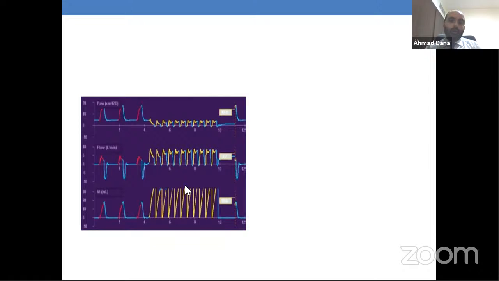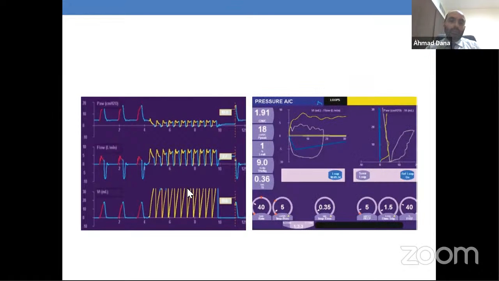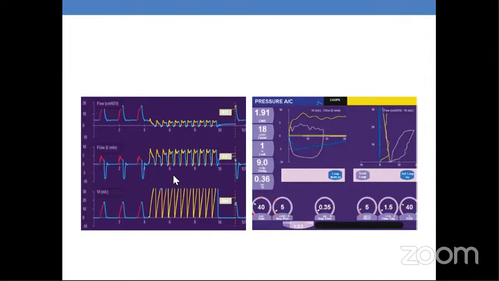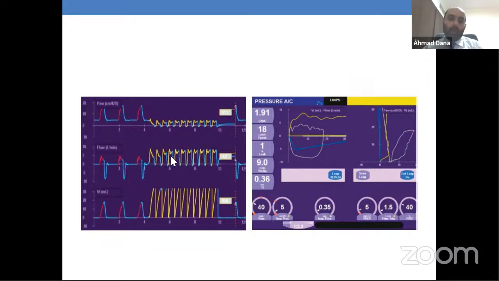So here, what is the situation? Anybody can comment. So this is, we described it before. This is an auto triggering.